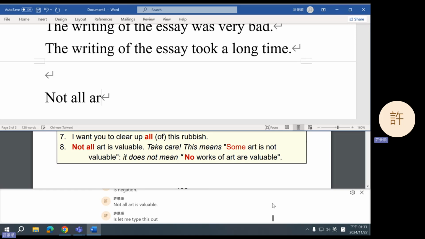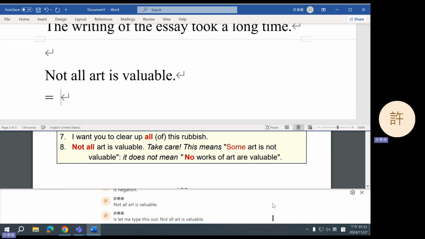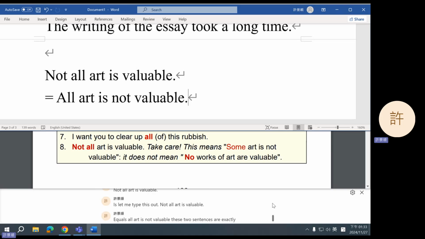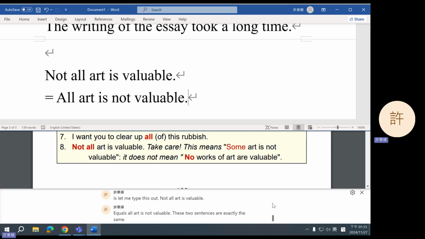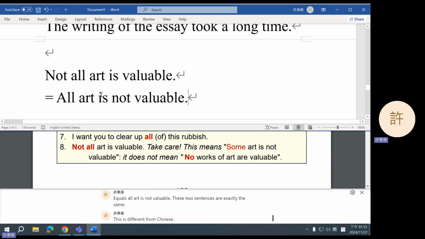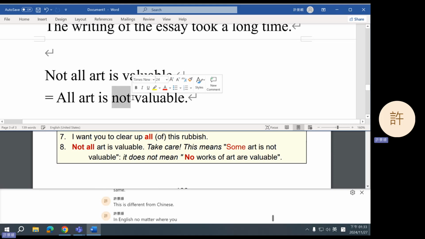Not all art is valuable equals all art is not valuable. These two sentences are exactly the same. This is different from Chinese. In English, no matter where you put the not, you are always negating the all.